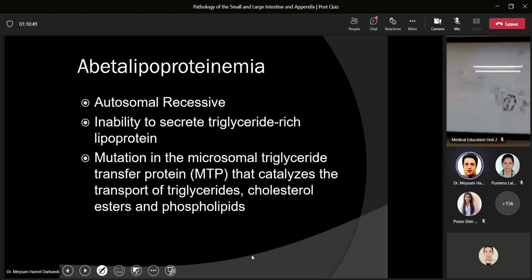What's the definition? Okay, if you don't know. I am not asking whether it is inherited or not. What's the meaning?